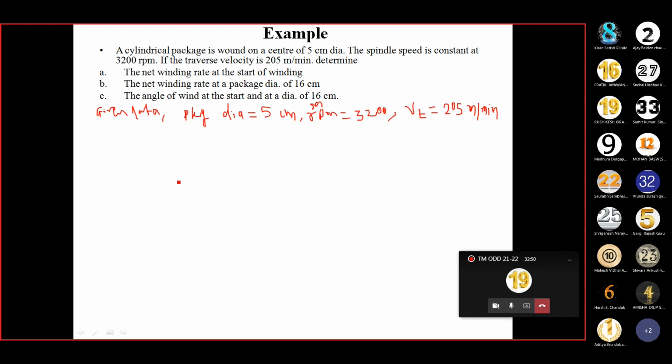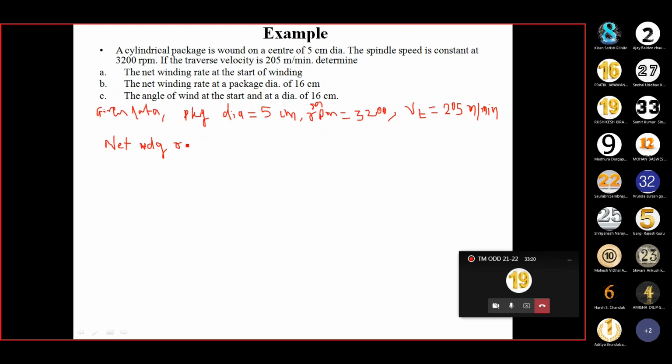Now here we can see how to calculate. So first of all, we'll try to calculate the winding rate. So write down the formula here. If you go step by step, you can feel the example is very simple. Any example, whatever you are solving in textile mathematics, go step by step.